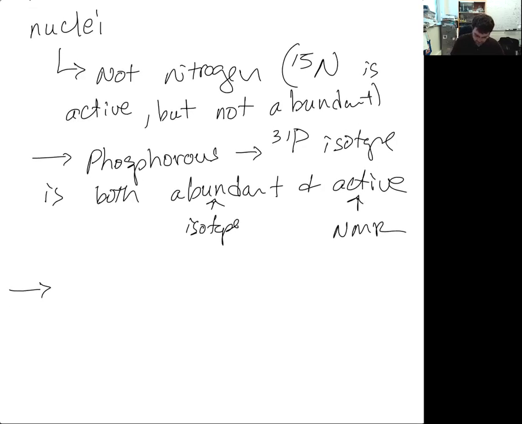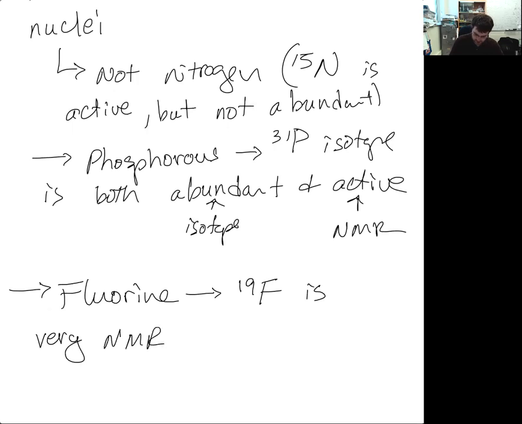Another example would be fluorine. If you have any fluorine in your molecule, you will see a big peak in the NMR spectrum because 19-fluorine is very NMR active, and an abundant isotope.